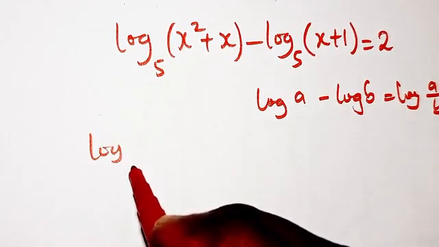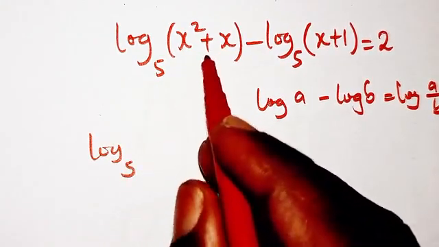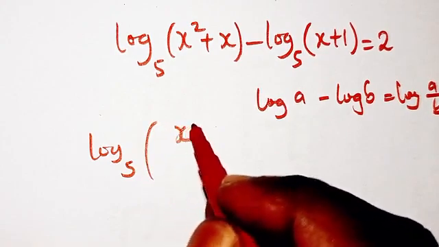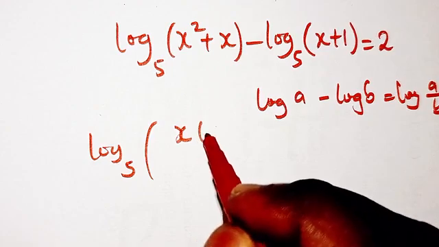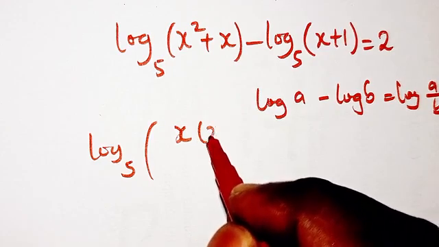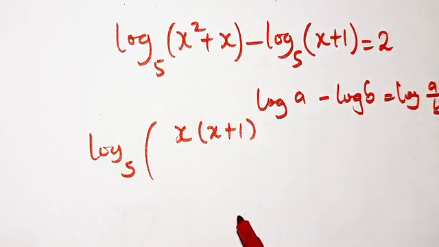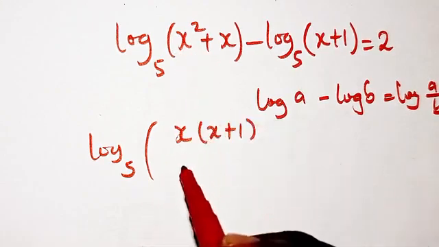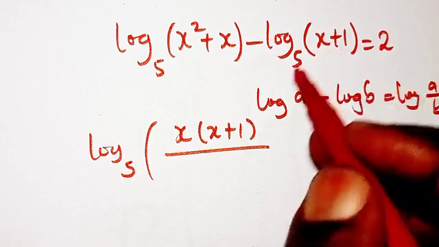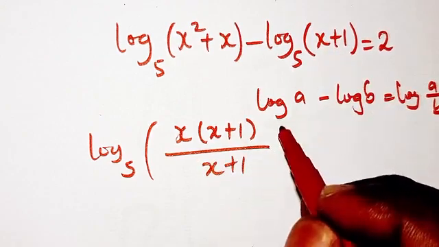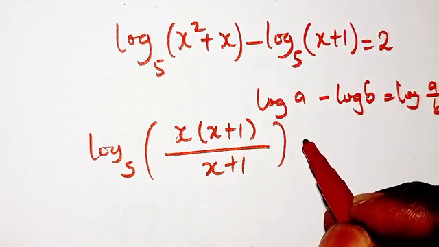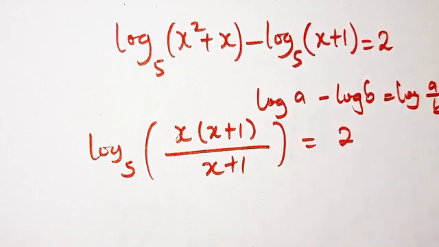I'm going to have log base 5 of x, and I can write this as x times (x plus 1), factorizing the x from here, then divided by x plus 1, and everything equals 2.